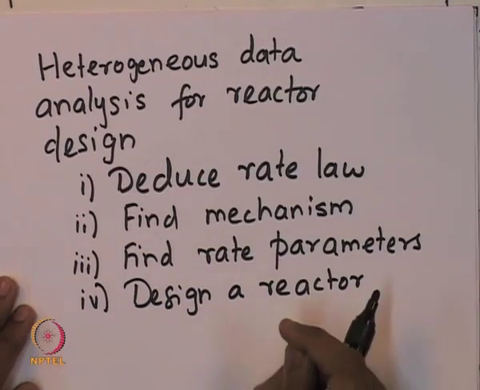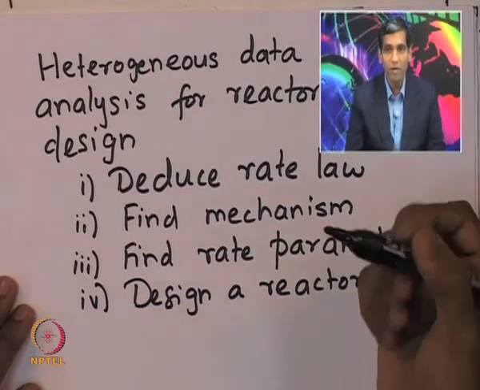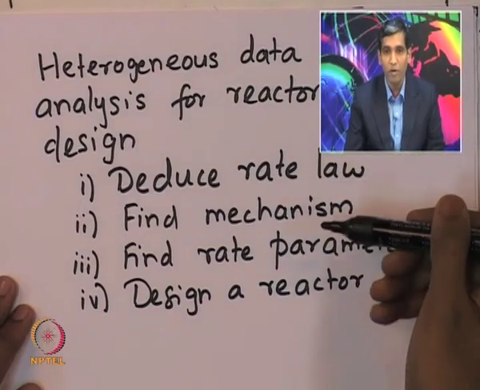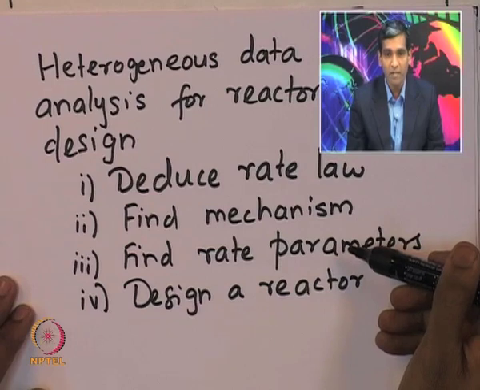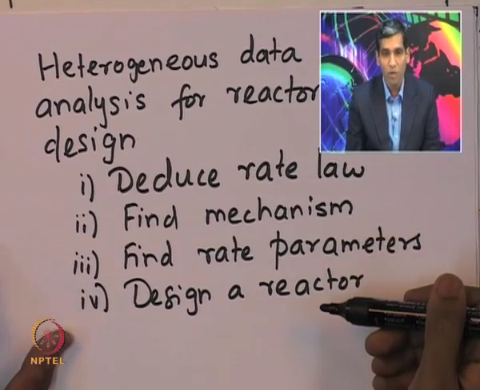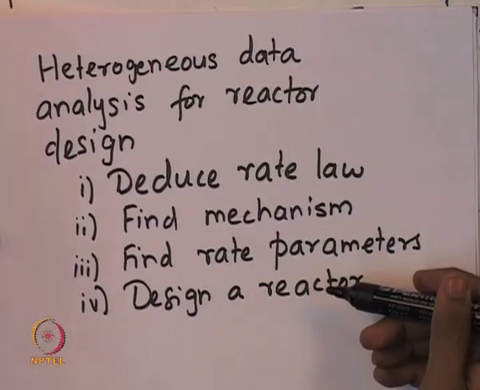So, that is what we are going to start today. So, today we are going to look at the rate law and the mechanism and how to estimate rate parameters, and then we will march forward to the design of the reactor.